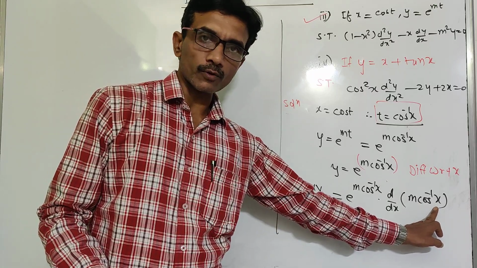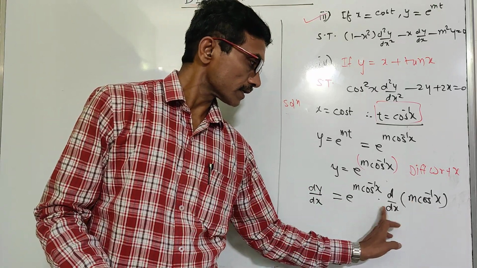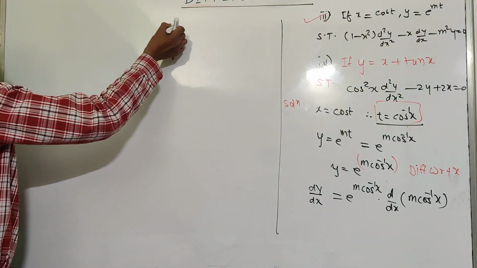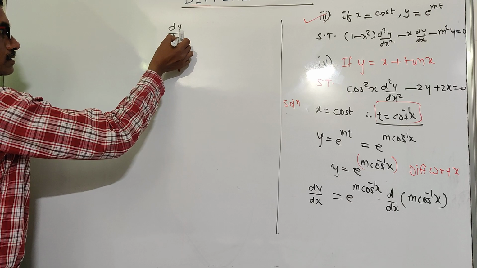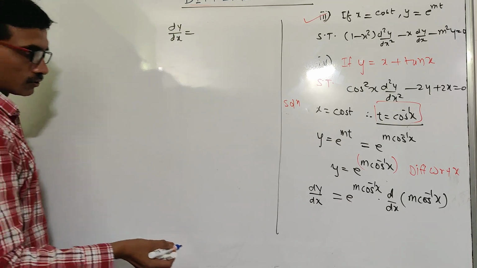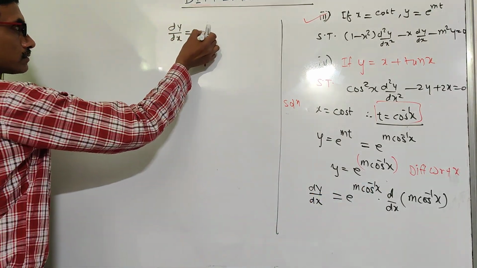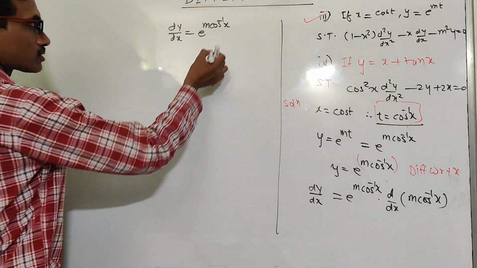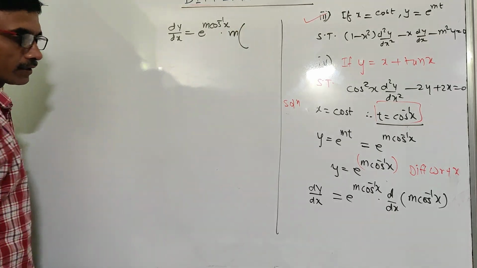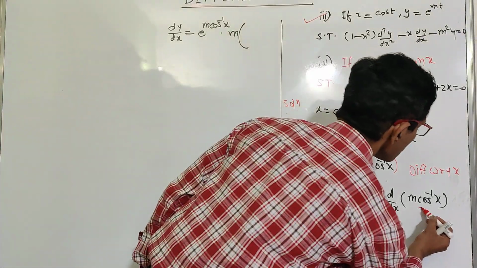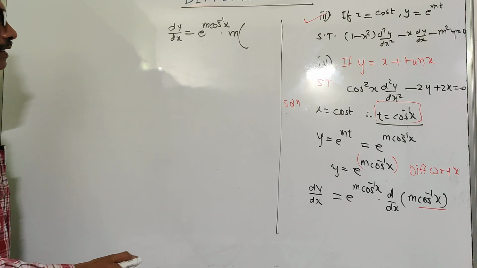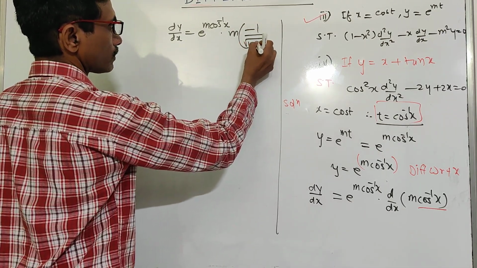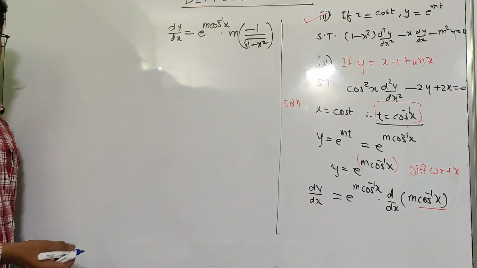M is constant, only derivative of cos inverse x we will take. Derivative of cos inverse x is minus 1 upon root of 1 minus x square.